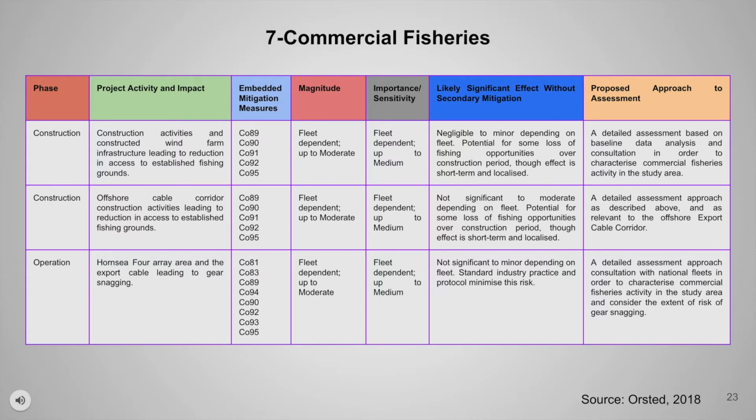It has fleet-dependent magnitude up to moderate, and fleet-dependent importance up to medium. Its likely significant effect is negligible to minor adverse significance, depending on fleet assessed. There is potential for some loss of fishing opportunities over construction periods, though the effect is short-term and localized, and the operational range of fleets is typically not limited to the area.